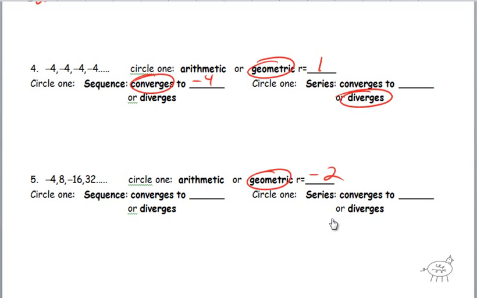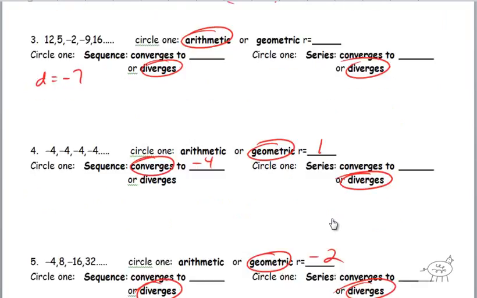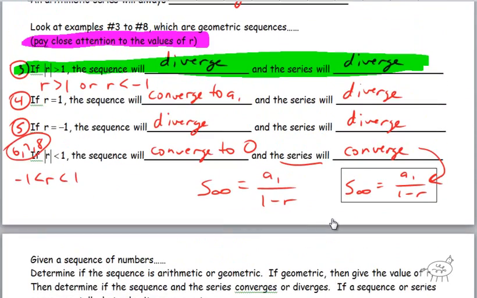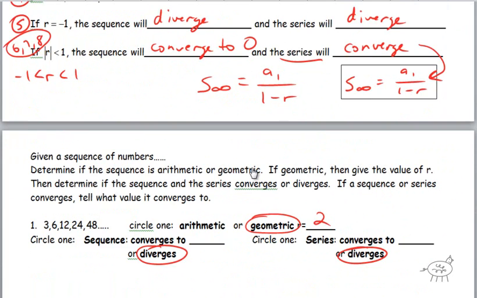If I ask you what it's approaching, it's DNE, right? So it's going to diverge. And what happens when you keep adding and subtracting a positive, negative, positive, negative? Again, it's going to fluctuate back and forth, and that's also going to diverge. If r is -2, you can look at one of our charts here. r is -2 is going to be just like the one I just highlighted in green. They're both going to diverge.